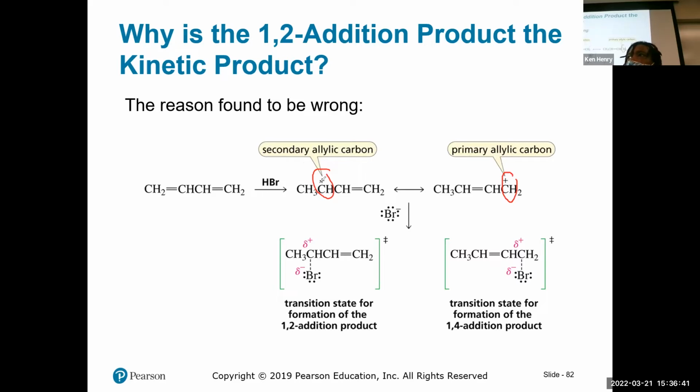In this case, we're going to have the plus located on our secondary. This one is going to be located on the primary, and as a result of that, we're going to get the bromine sitting on here.